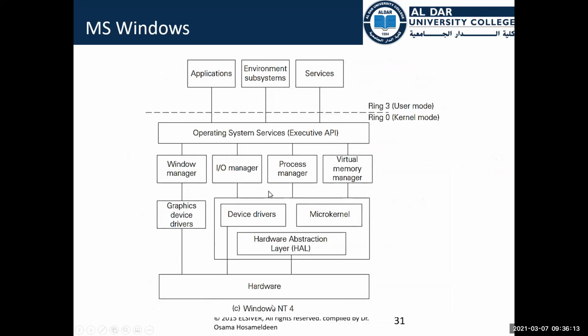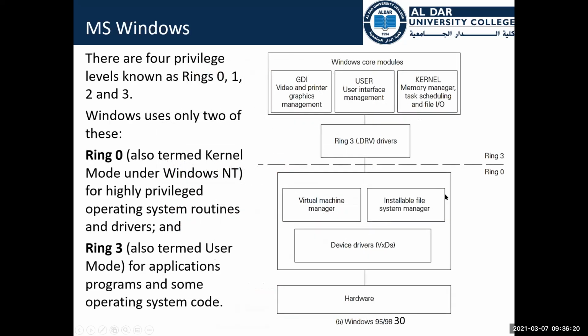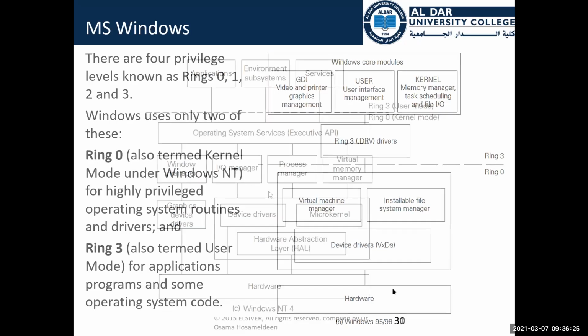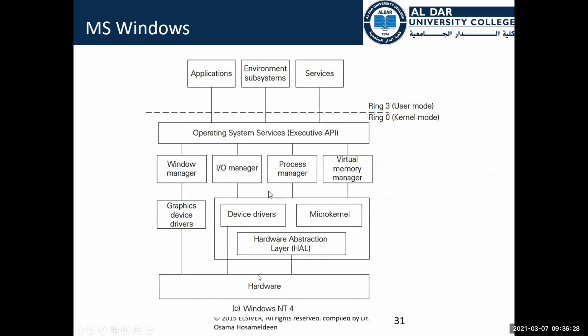If we move to Windows NT, it is different. Ring 0 is bigger than the ring 0 in Windows 98 and 95. The kernel mode is bigger, and the privileged mode is bigger. It contains about 90% of the operating system modules, like Window Manager, Graphic Device Manager, Input Output Manager, Process Manager, Virtual Memory Manager, and the microkernel.